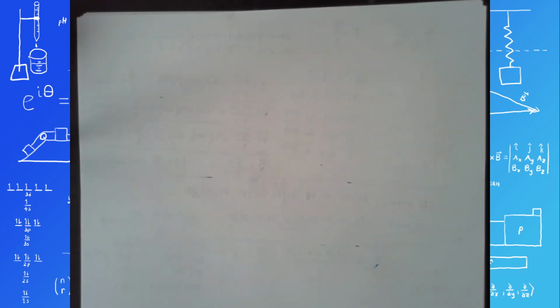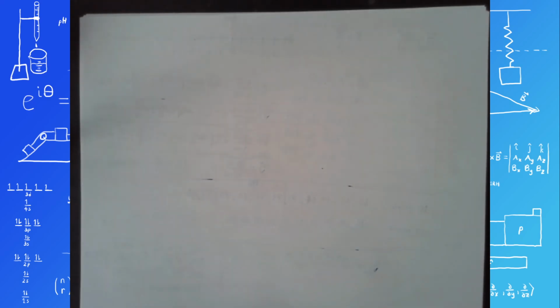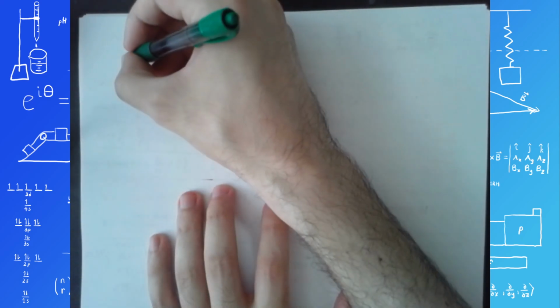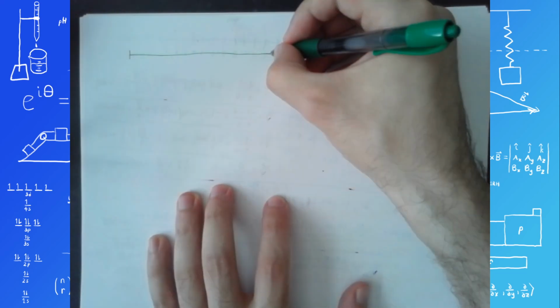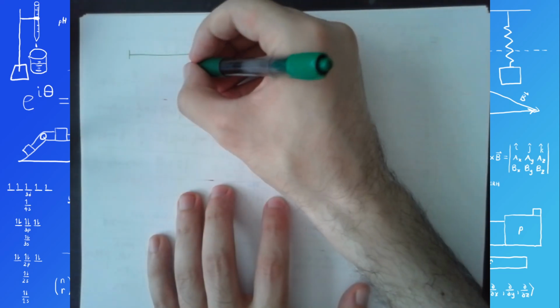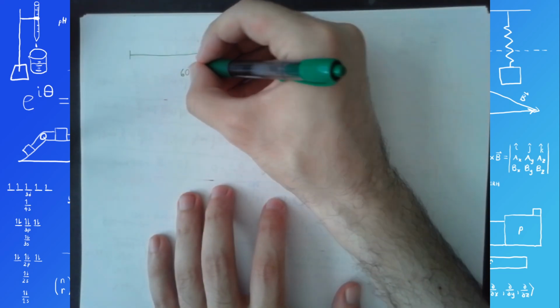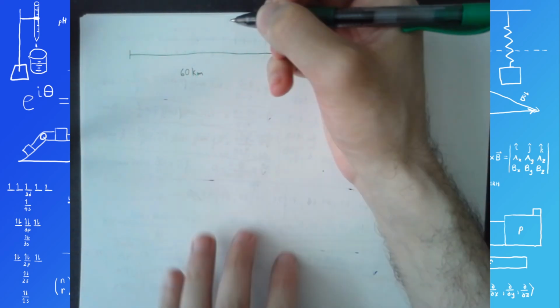It says, 2 boats start together and race across a 60-kilometer wide lake. So we have a lake that is 60 kilometers wide.